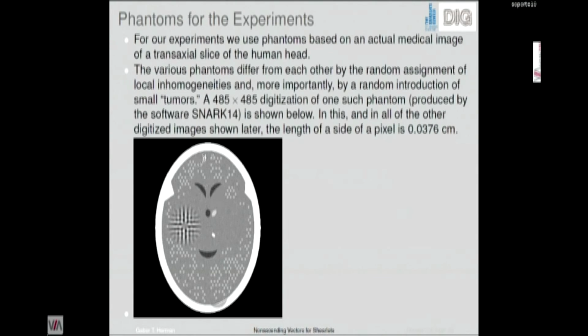This is the skull, these are the ventricular cavities, this is a very large tumor, these are the two largest tumors, and then the tiny little tumors all over the place. And here we really are interested in those little tumors. All the methods are good enough to see everything else.